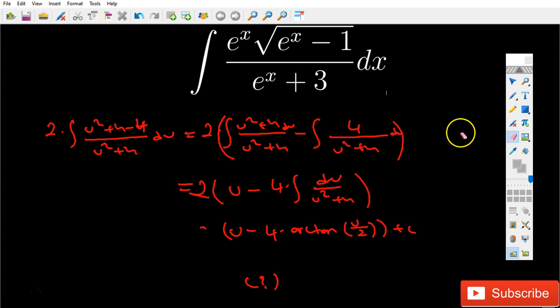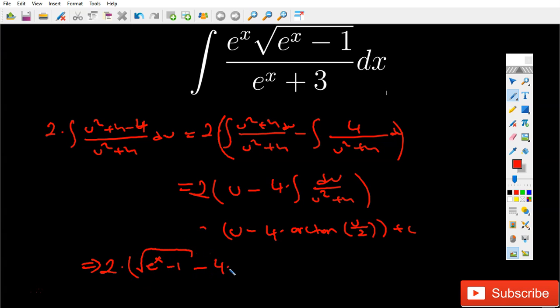Remember that we said u was equal to e to the power of x minus 1 under the square root, so my final answer is going to be equal to 2 times e to the power of x minus 1 under the square root minus 4 times arctangent of e to the power of x minus 1 under the square root divided by 2 and plus c. So this is going to be our final answer.